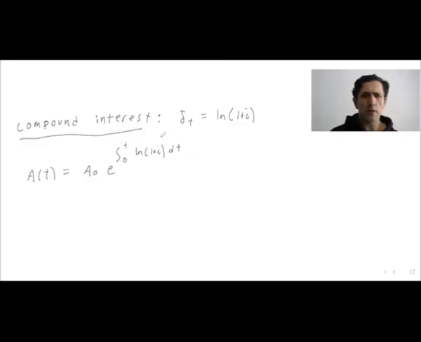Here, this is just a constant, so I can just take this constant and pull it outside. If you prefer, you could do this integral first and then plug into the formula. I think I've done that enough times, particularly for a problem like this, where it's not necessary. So this is going to be ln of 1 plus i, integral 0 to t dt.